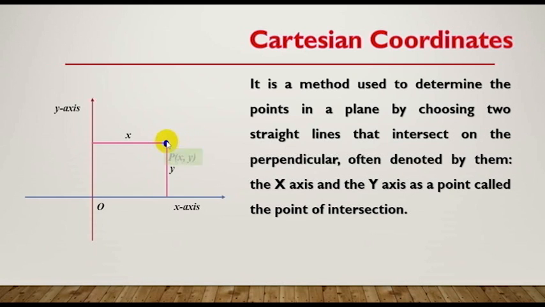This point will be P, and the position of that P will be how much it moves on that x axis and how much it moves from that on y axis. That's what coordinates means, and this is called Cartesian.